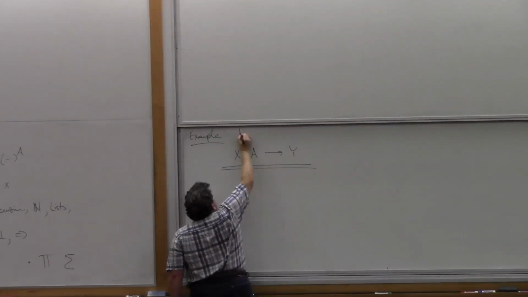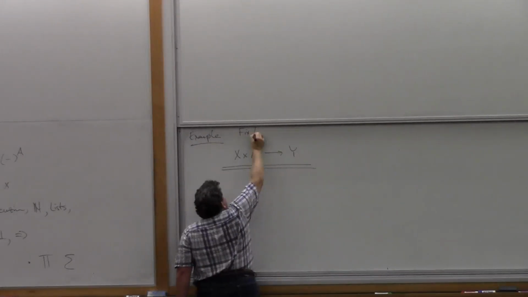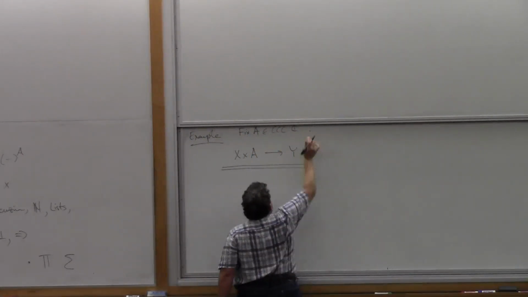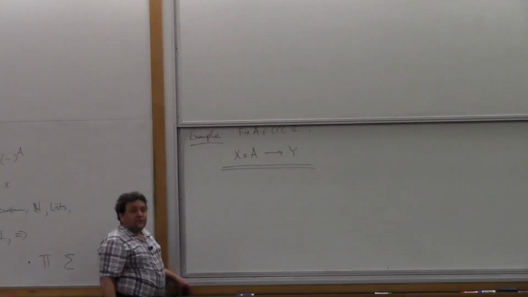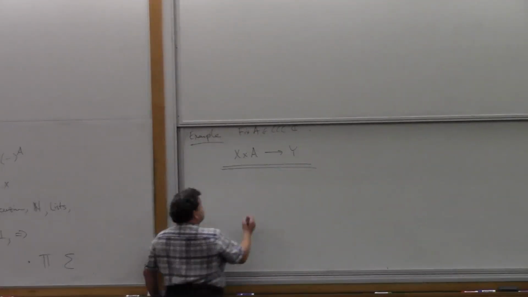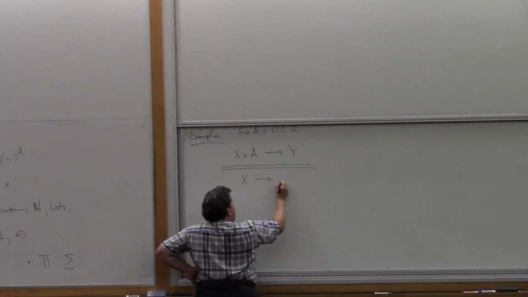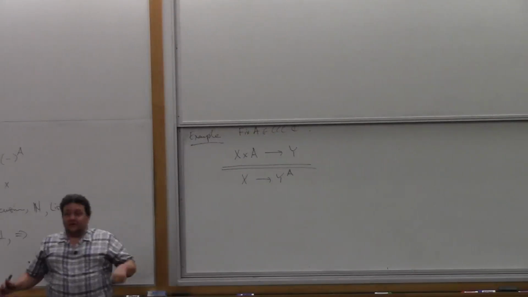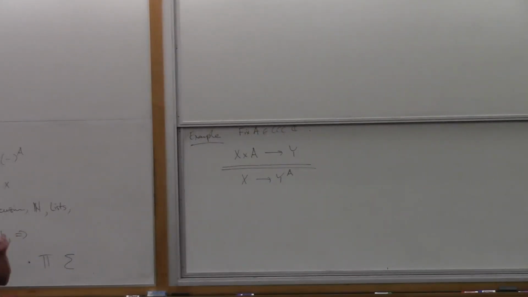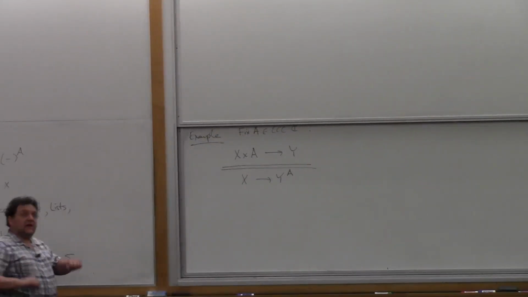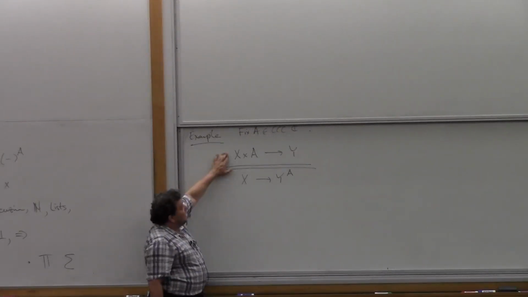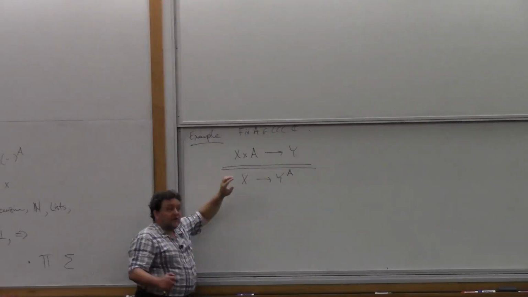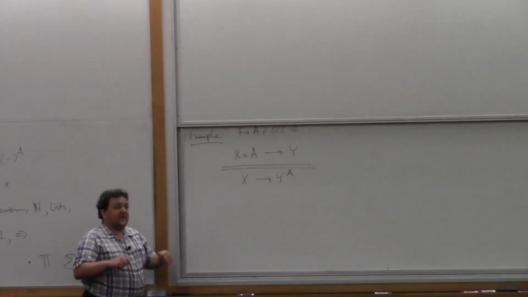So here, fix A in some Cartesian closed category C. There's a bijection between things of that kind and things of this kind. Right? And that's the fundamental operation of currying or evaluation, which mediates that bijection. Given something like this, you get one like this. Given something like this, you get one like that. And moreover, if you compose those operations, you get the identity back out.